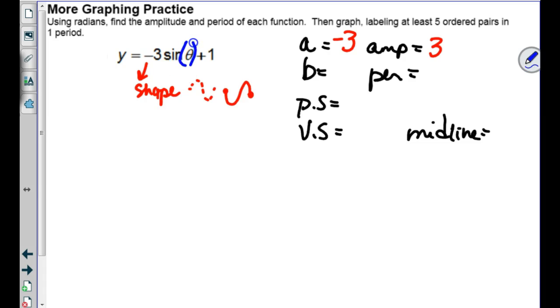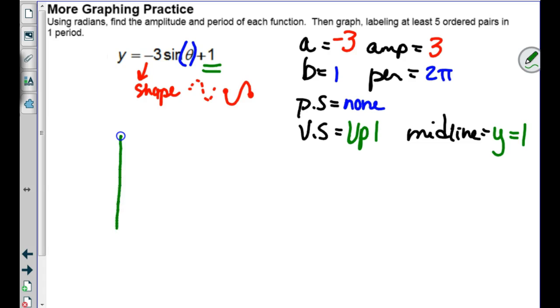It is 1. There is no period change, so the period is what? 2 pi. There is no phase shift. Okay. But the vertical shift is what? Up 1. So the midline is y equals 1.